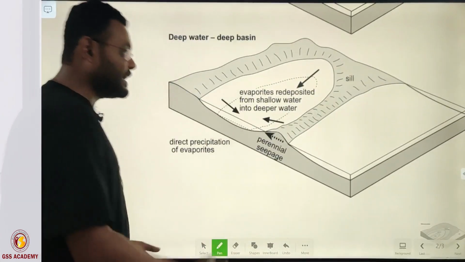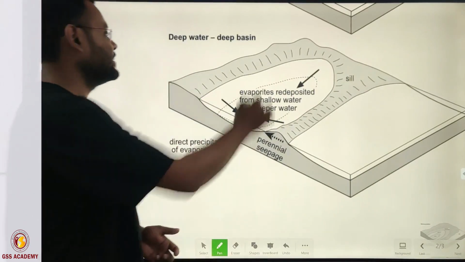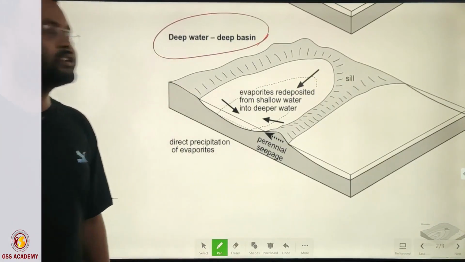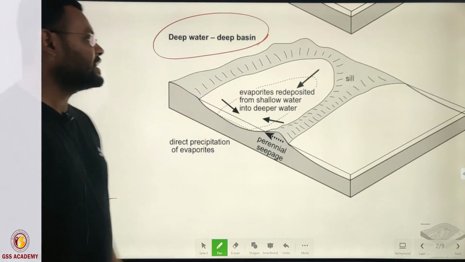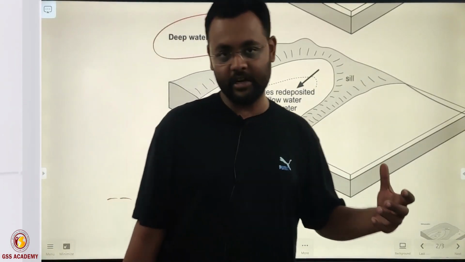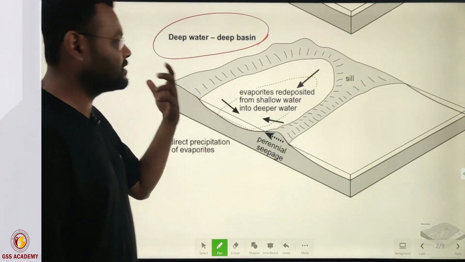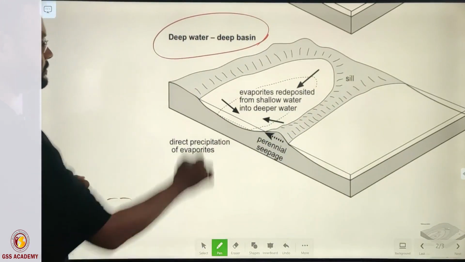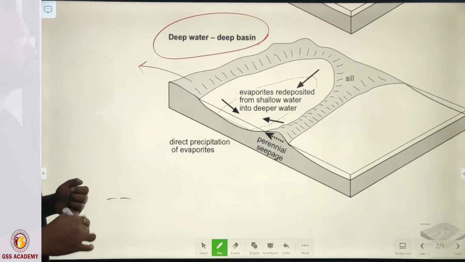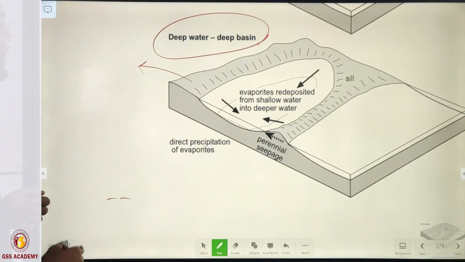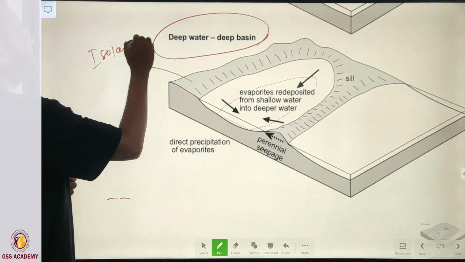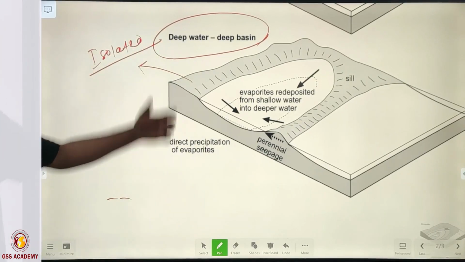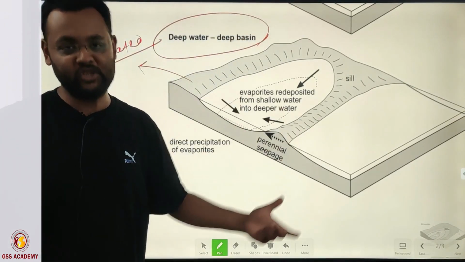Third and most important evaporite basin is the deep water, deep basin condition. Now this deep water, deep basin condition of the evaporite deposition is normally completely isolated from the open ocean, but the previous two are only partially isolated.